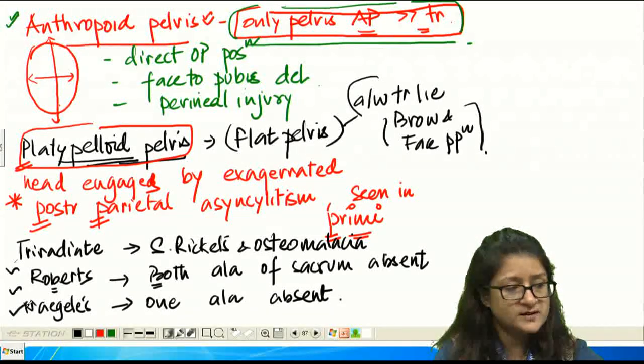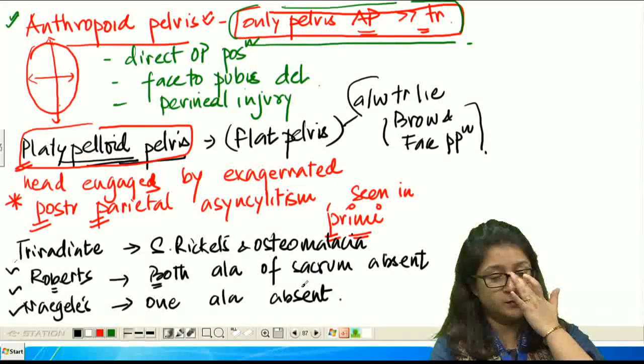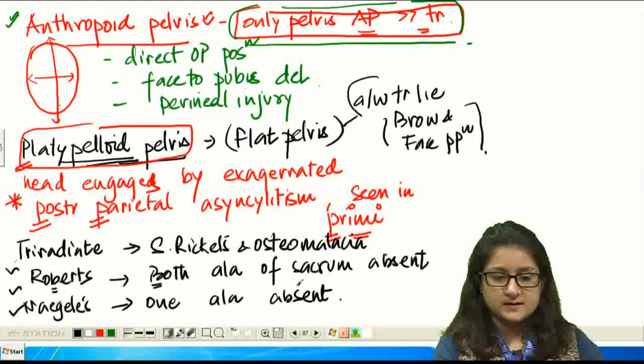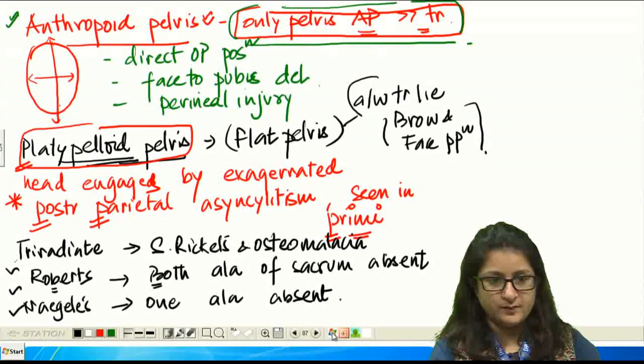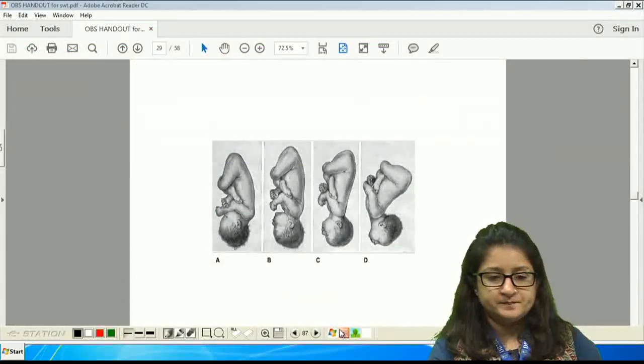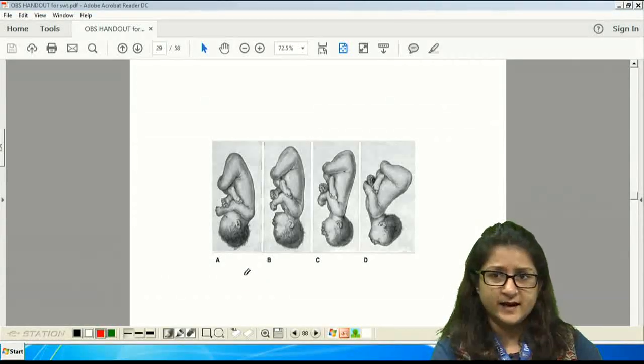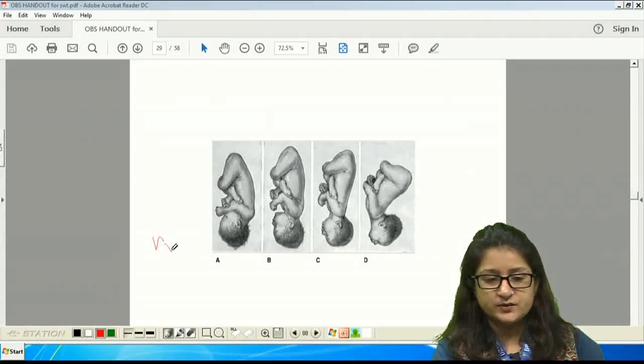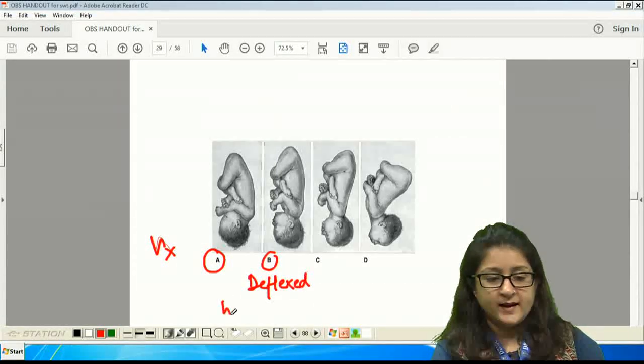So this is what you have to remember about the maternal pelvis and the fetal skull. This is the basic bare minimum that you have to remember. Coming back to this figure here, I wanted to show this to you. Sometimes they have asked figure based questions on this. The first figure A shows the vertex. This shows the deflexed head.